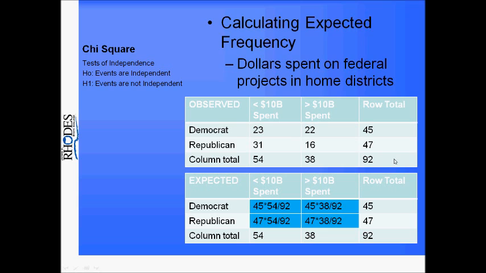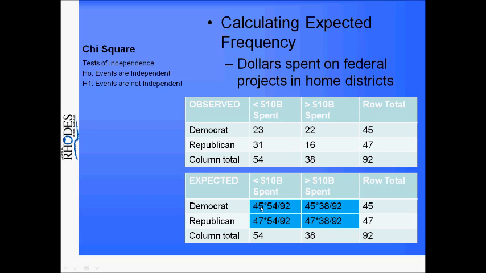Now, in order to determine if there's correlation between these, we have to have an expected outcome. That's a calculated method. You have to have the observed before you can get the expected. What you're doing with the expected is taking the information from the observed.